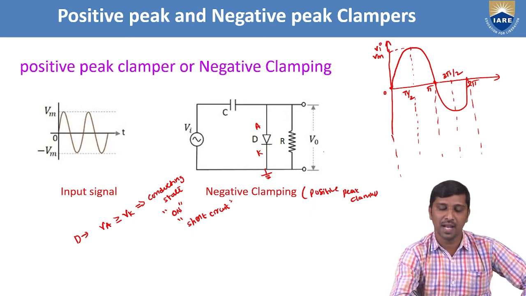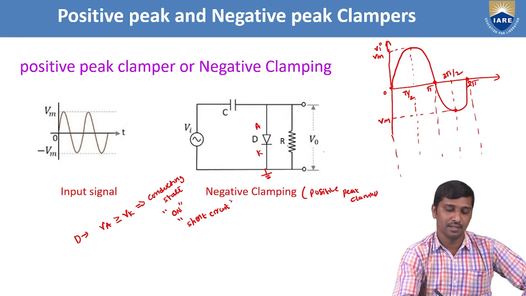Similarly, during this pi to 2 pi duration, the input signal linearly changes towards a negative voltage, 0 to minus Vm, and again towards zero voltage. Again this is Vm, but the polarity is negative.